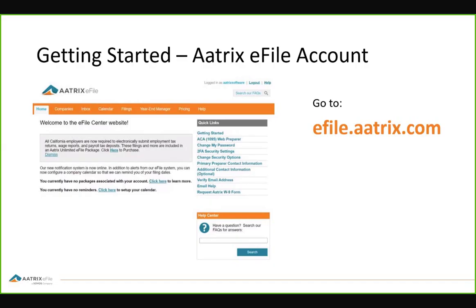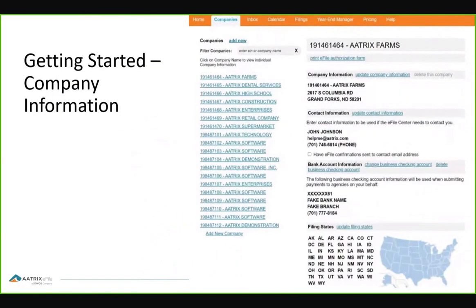So over here we have a couple of tabs, and I want to quickly go over some of the main ones that will pertain to you, especially for your payroll reporting. So the companies tab. Now, if you are a multi-EIN filer, you can choose to enroll the taxpayers under one account, like I have done here in this example.